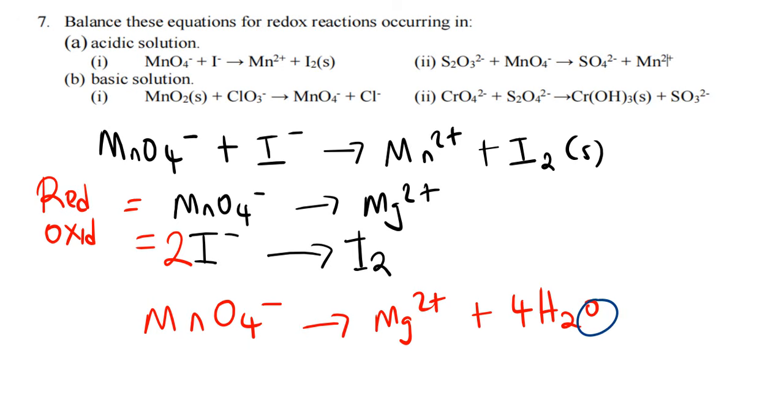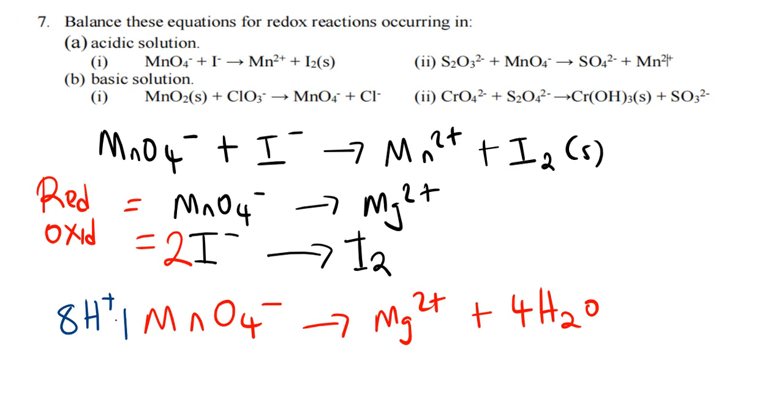The number of hydrogens has also increased. We didn't have hydrogen in the equation, now we have hydrogen, so we're supposed to balance the hydrogen. Here we've got 8 hydrogens, and we balance hydrogens by adding H⁺. So I'm going to add 8H⁺ on the other side, because we've got 8 of them on the other side.